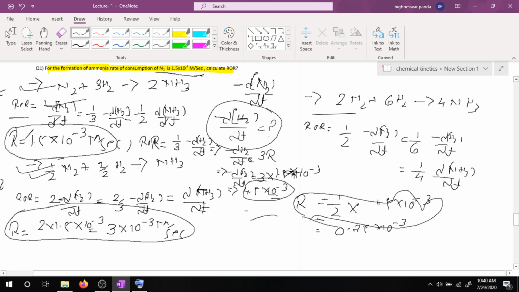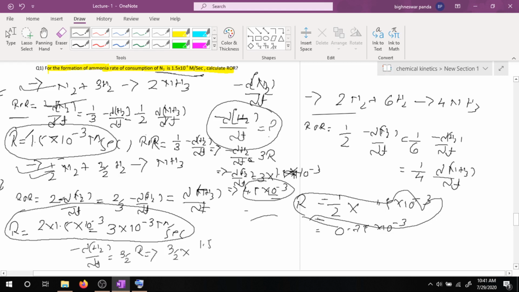Again we have to calculate for this reaction, 1 by 2 N2 plus 3 by 2 H2. Again here minus dH2 by dt is equal to 3 by 2 of R. So I can write here 3 by 2 into, what is R?